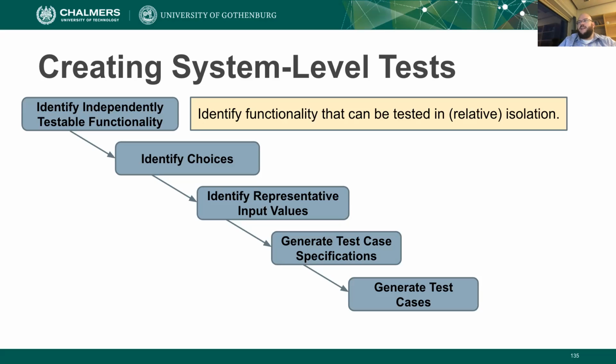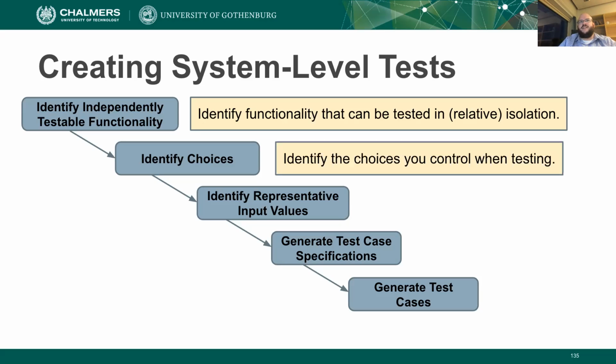For each of those high-level functions, we need to identify the set of choices we control when we're testing. What kind of input do we provide when we use this feature? Now that can be the actual input parameters, like the information we pass into this function to make it act, but also other choices you control when you're testing.